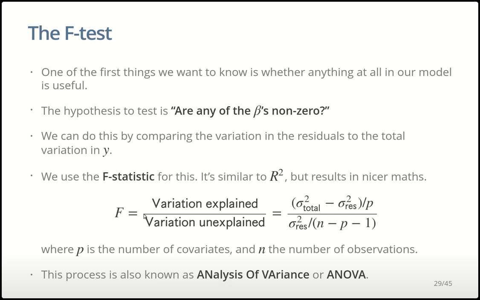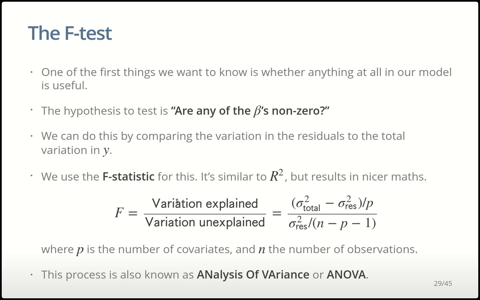And essentially, what we do is we look at this ratio of variation explained to variation unexplained. It's kind of related to R squared. You remember R squared was variation explained divided by total variation. This is a little bit different in that it's variation explained divided by variation unexplained. Okay, and there's another formula in terms of the various variances that you can compute.